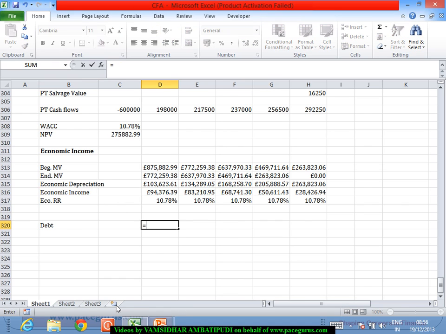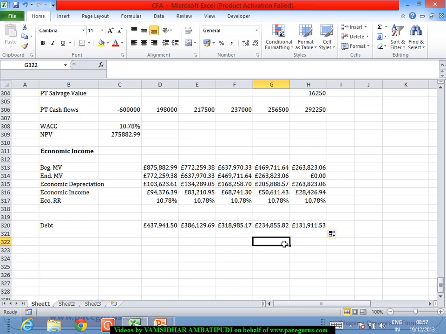The debt in each of the years has to be maintained at 50%, which will work out to these kinds of numbers, because these numbers will help me compute the interest and then the accounting income.